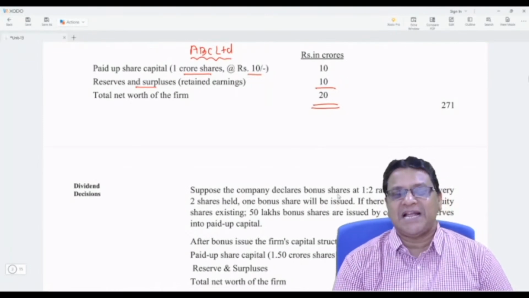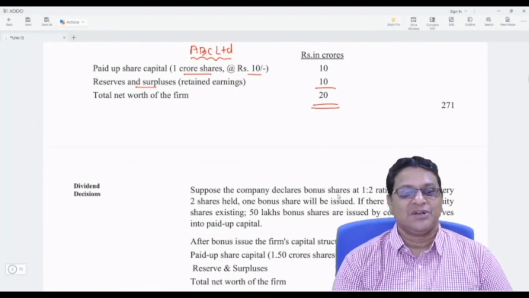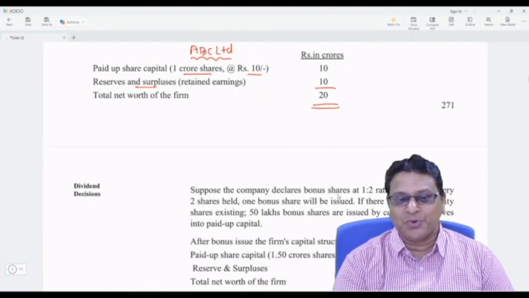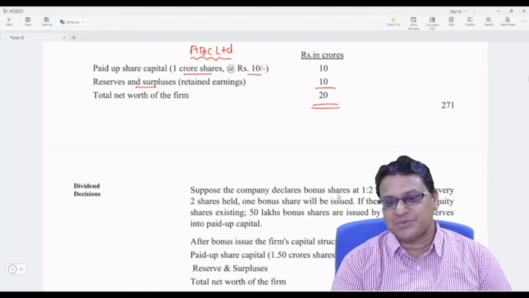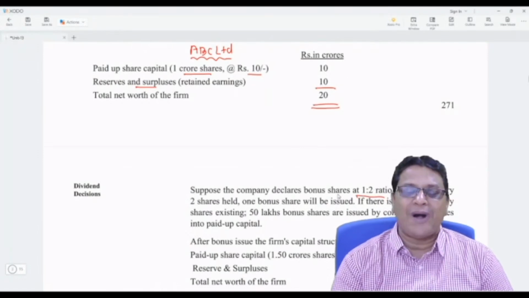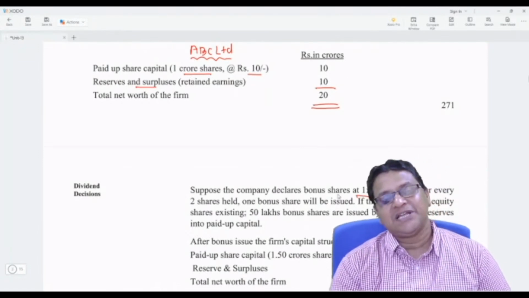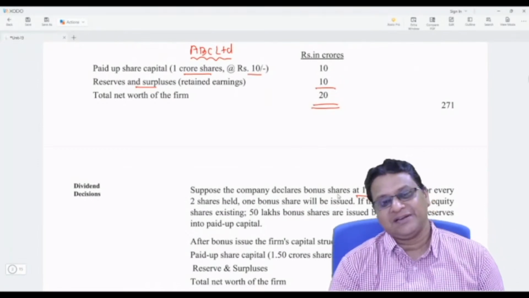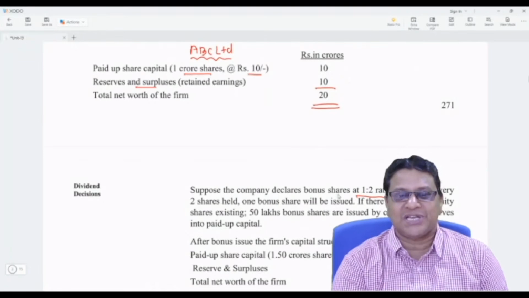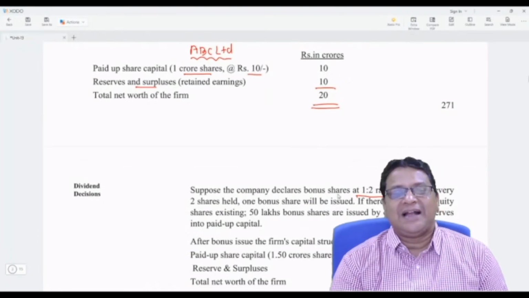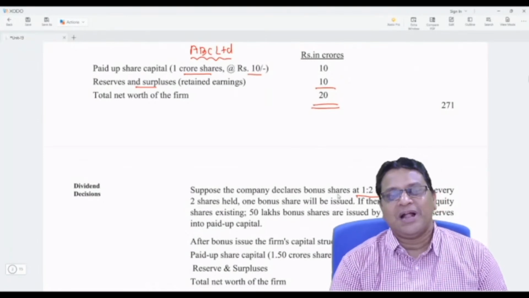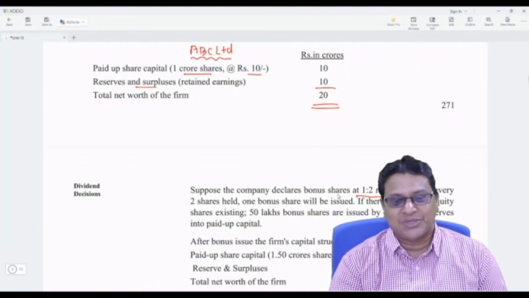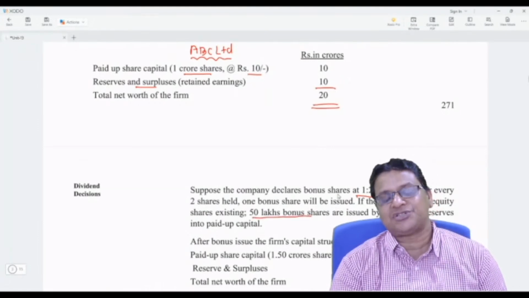Now the company decided to issue bonus shares in the ratio of 1:2. What does it mean? If you have 2 shares, you will get 1 additional bonus share. That means in case of 1 crore shares, 50 lakh additional shares will be issued at the rate of 10 per share. So there will be 50 lakh bonus shares to be issued.